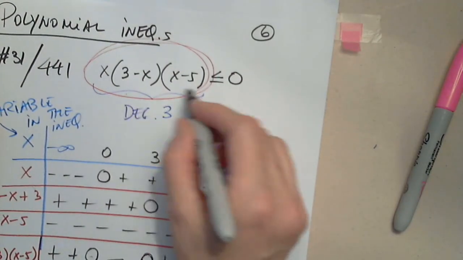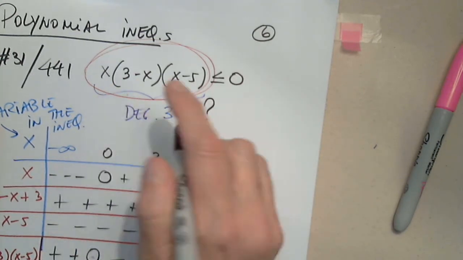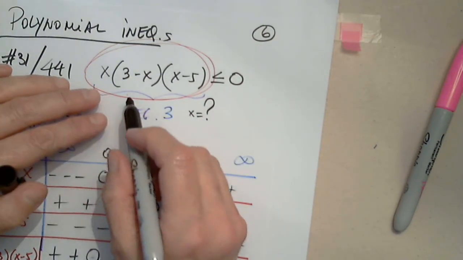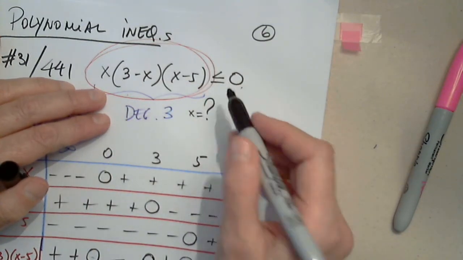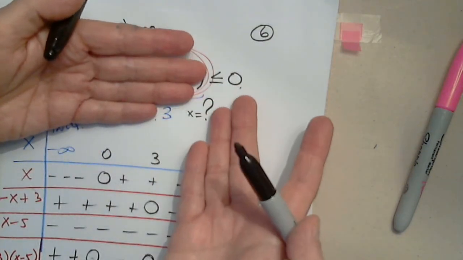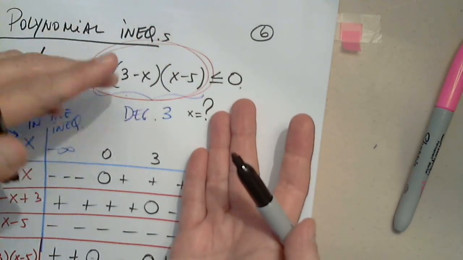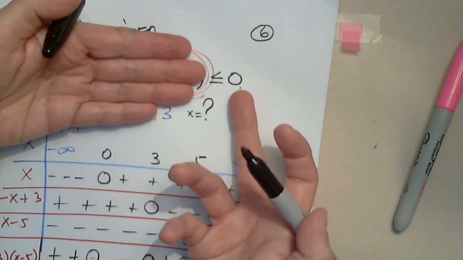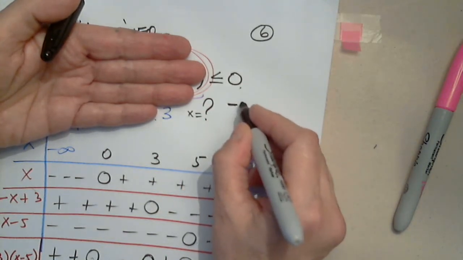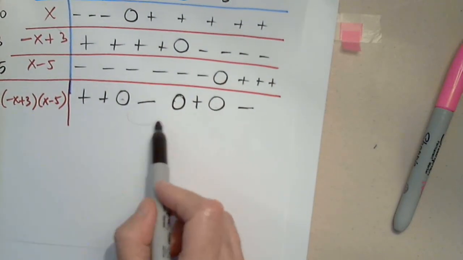Stay with me. What am I asked to solve? I'm asked to find x such that this product is less than or equal to 0. What sign is less than 0? Negative. Yes, only negative will be less than 0, so I'm looking for negatives.